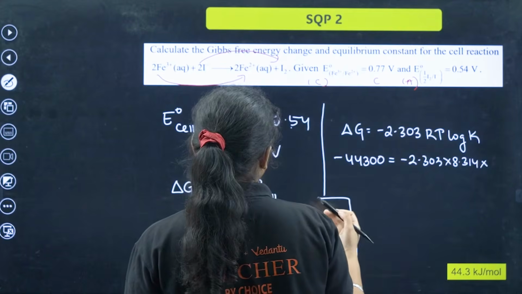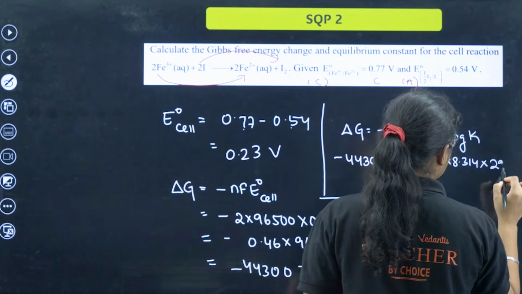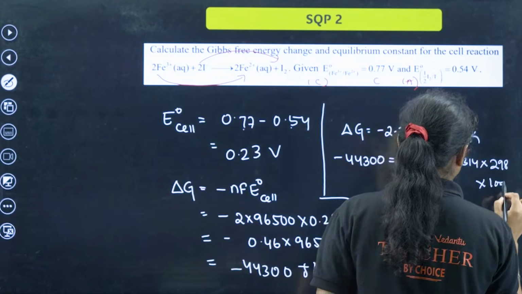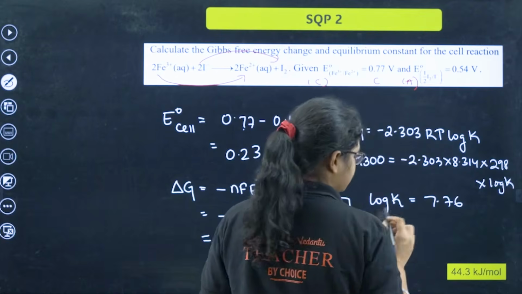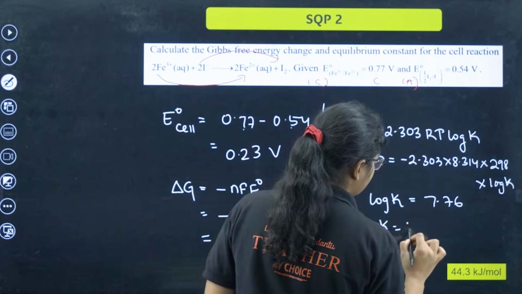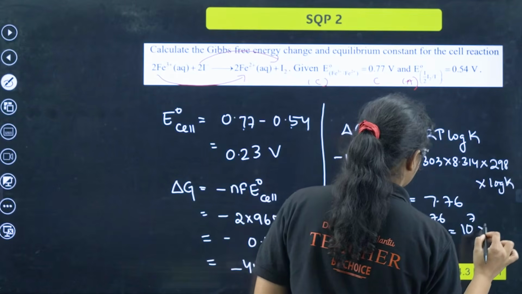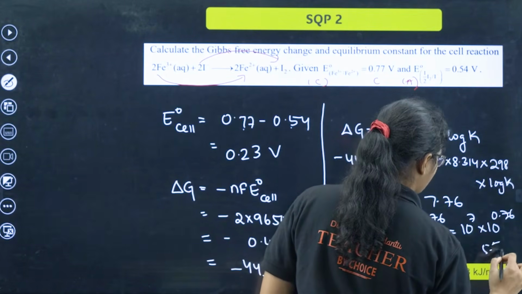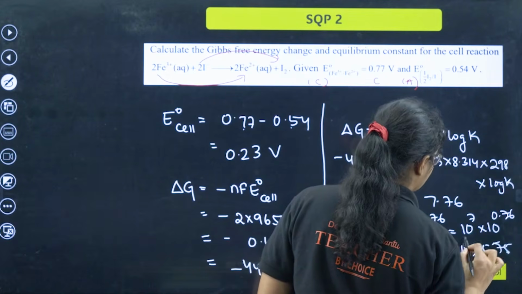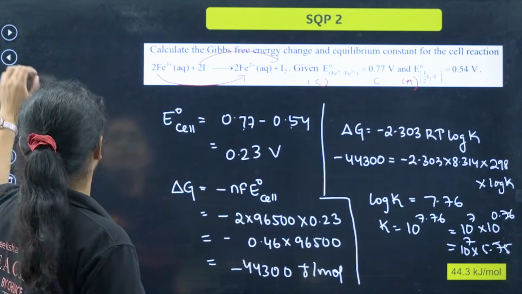Temperature is not mentioned, so you can take the standard temperature, that is 298 Kelvin, into log of K. So if you solve this, log K value will be somewhere around 7.76. Then K value will be 10 to the power of 7.76, that can be written as 10 to the power of 7 into 10 to the power of 0.76. So that will give me 5.75 something into 10 to the power of 7. Okay, so that is how you can calculate the value here.